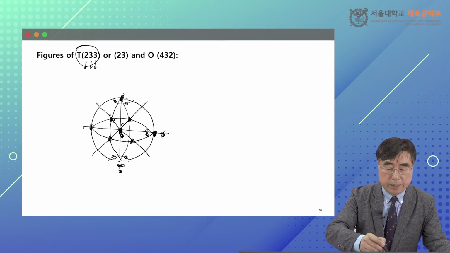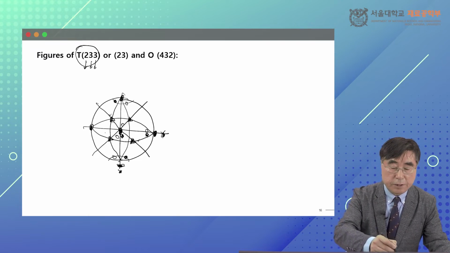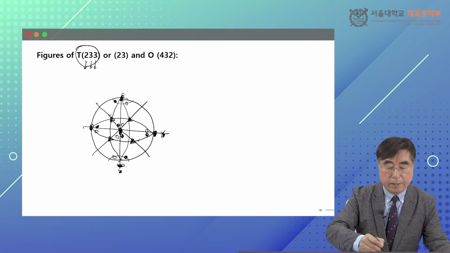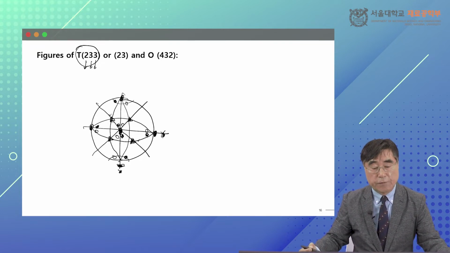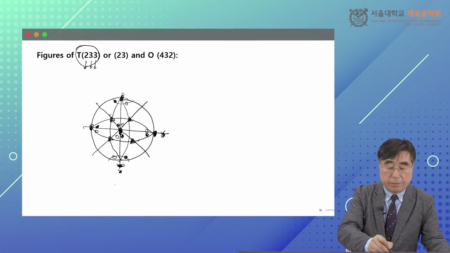Okay, so this threefold generates here, and then here, and this threefold generates here, and this one generates here. And then 1, 2, 3, 4, 5, 6, 7, 8, 9, 10, 11, 12. So the multiplication factor is 12.